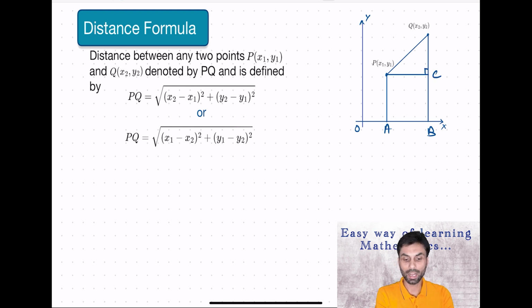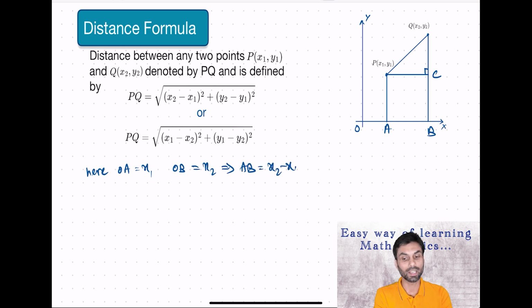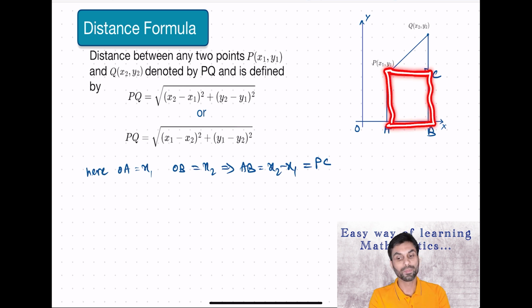Now here, the value of OA is x1 and the value of OB is x2, which means the value of AB will be x2 minus x1, and which will also be the value of PC, as ABCP is a rectangle, and so their opposite sides will be equal.